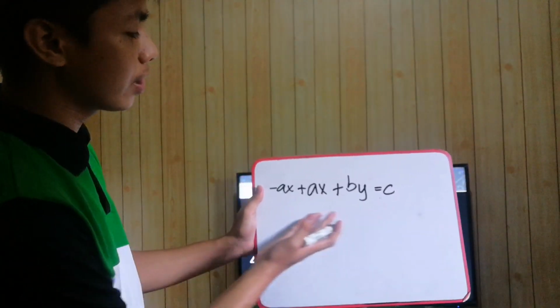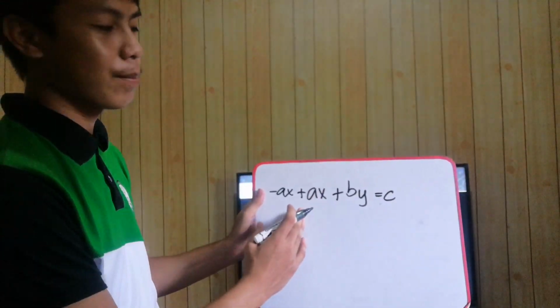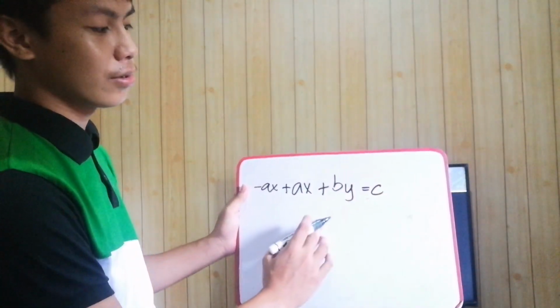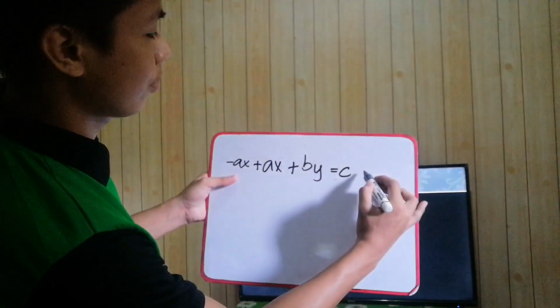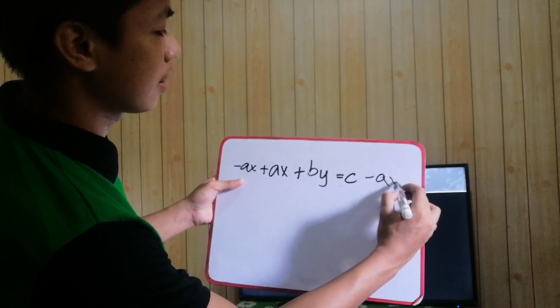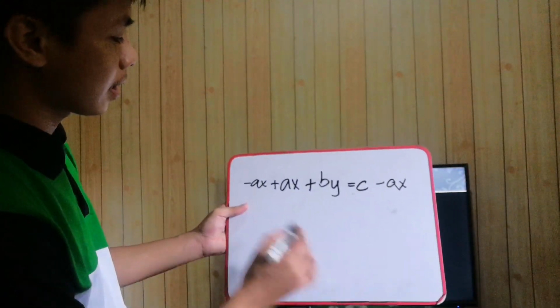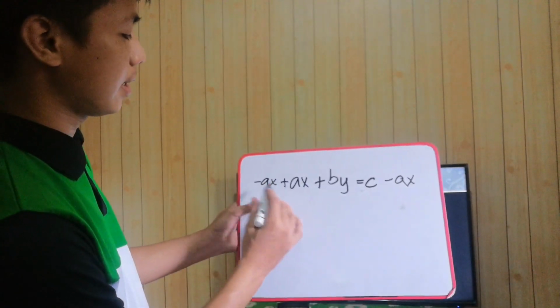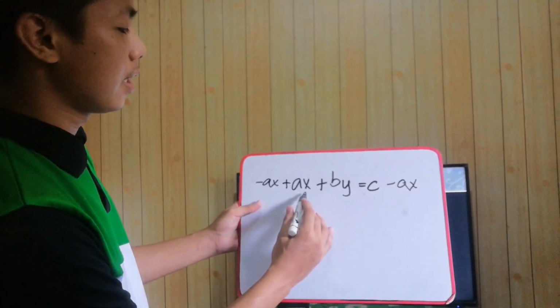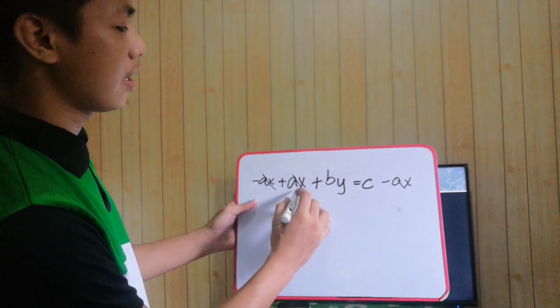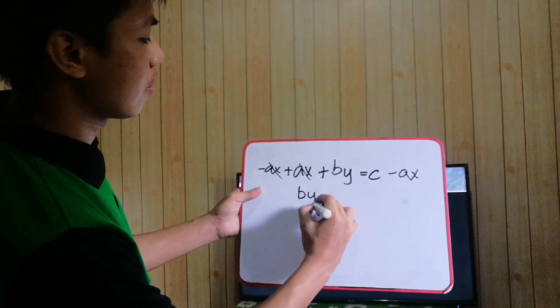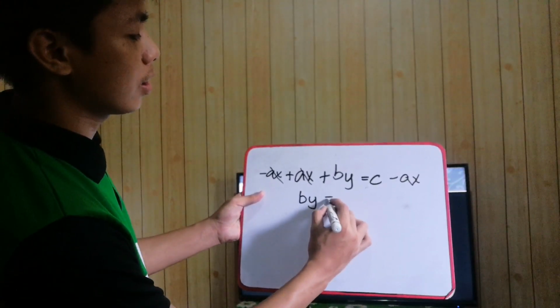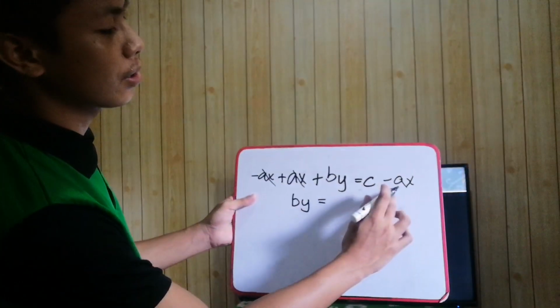At kung ano yung in-add natin sa left side, dapat mag-a-add din tayo sa right side. So, negative ax pa din. Now, ma-cancel na itong ax kasi negative ax plus ax is cancelled yan. So, therefore, matitira lang dito is y equals to c minus ax.